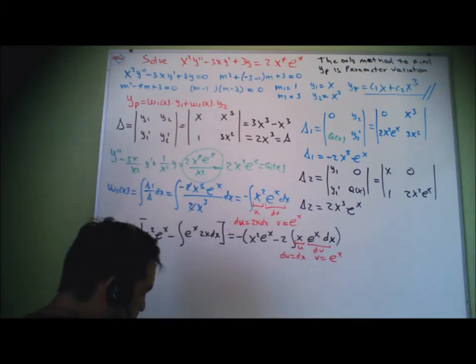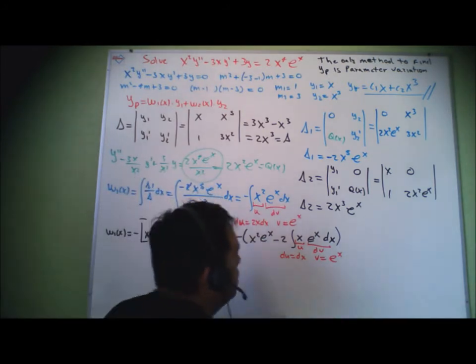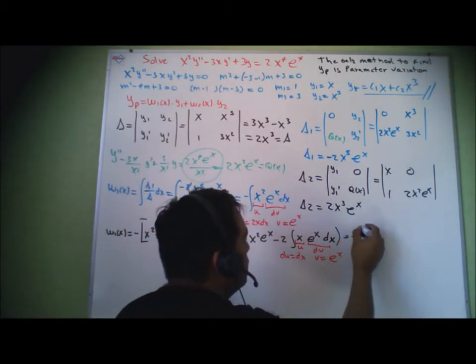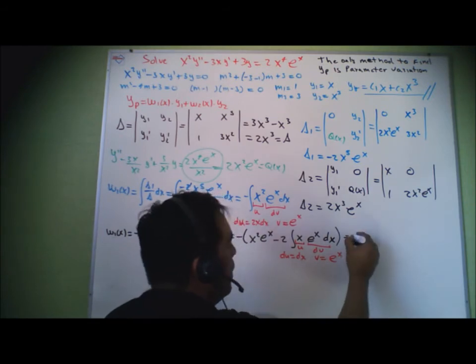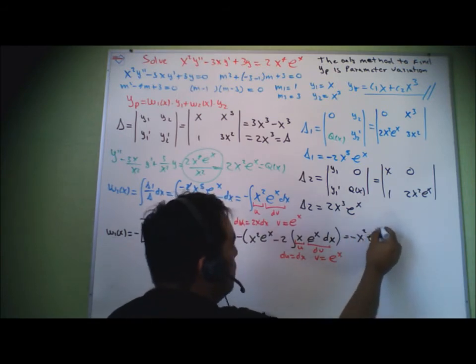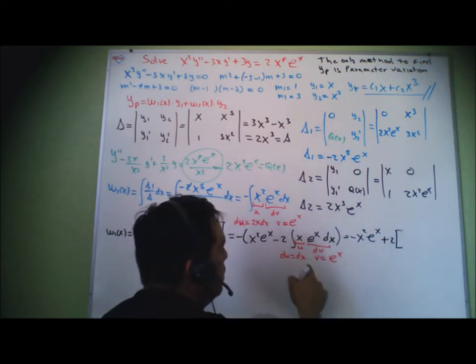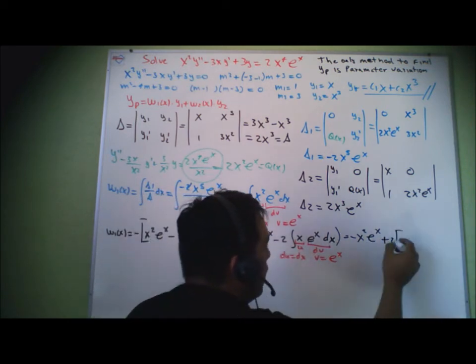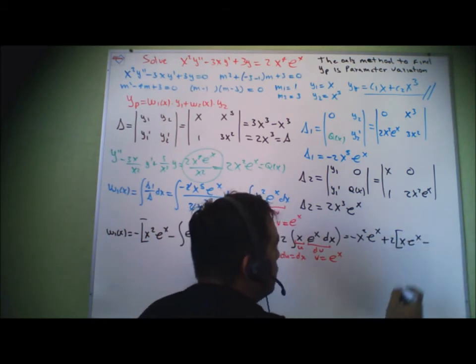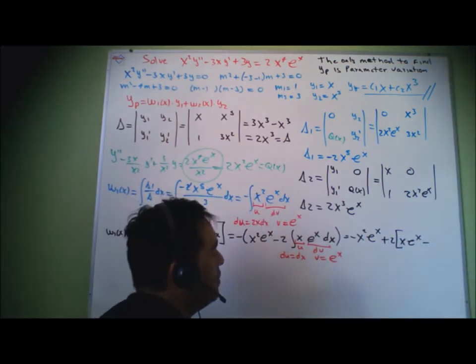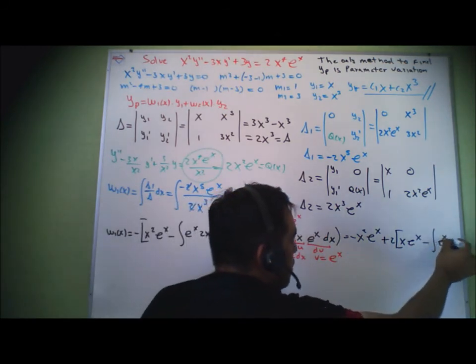So this is going to be minus this times this. Let's do minus x squared exponential of x, and this times this plus 2 what? u times v, x exponential of x, minus the integral of v differential of u, integral of the exponential of x differential of x.